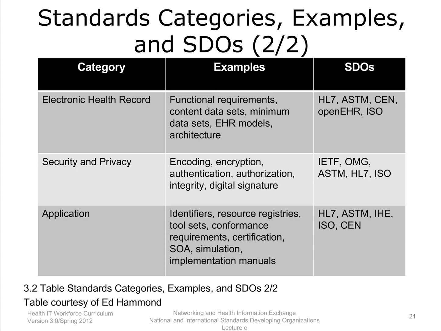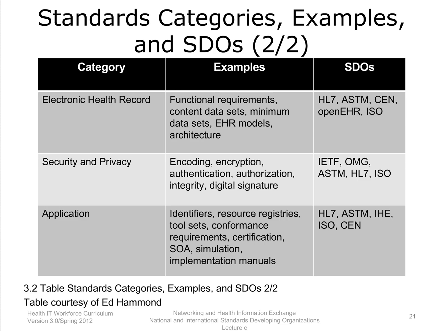Slide 21. This slide continues to define the categories of standards. In the applications, clinical standards that need technology syntax are beginning to appear in the SDOs we have discussed. Category: Electronic Health Record. Examples: Functional Requirements, Content Datasets, Minimum Datasets, EHR Models, Architecture. SDOs: HL7, ASTM, CEN, OpenEHR, ISO. Category: Security and Privacy.